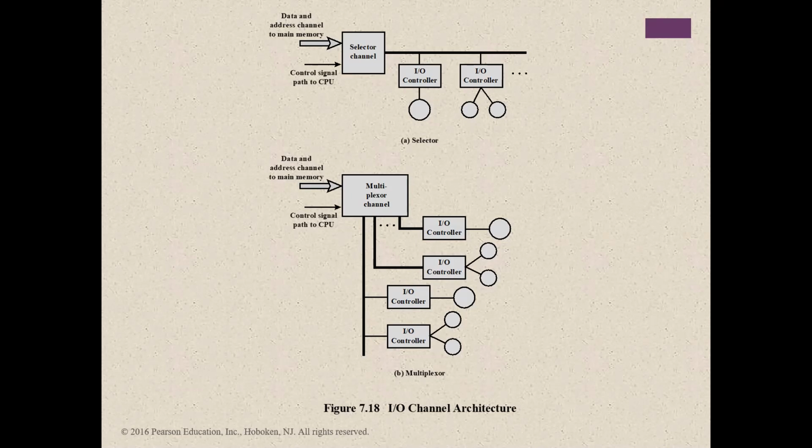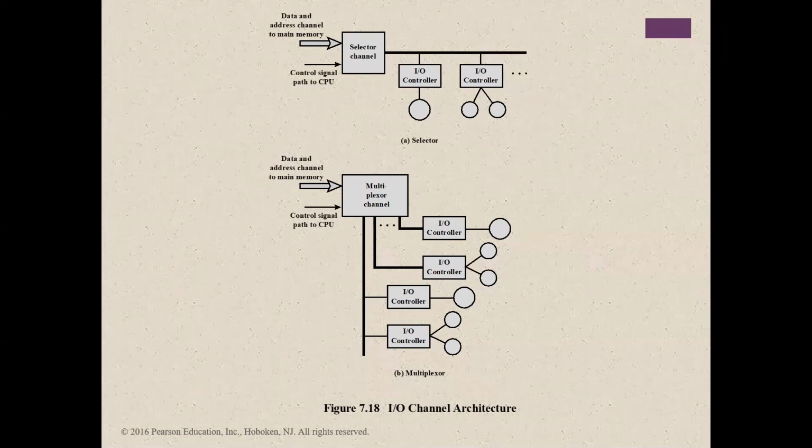One, we have a selector channel, which controls multiple high-speed devices, and at any one time, it is dedicated to the transfer of data with one of those devices. That's why it's called selector. Therefore, the I/O channel selects one device and effects the data transfer.